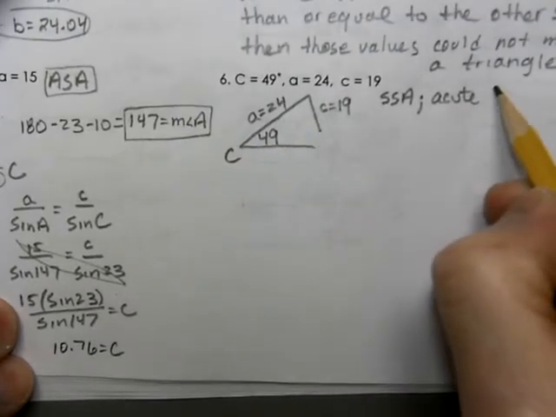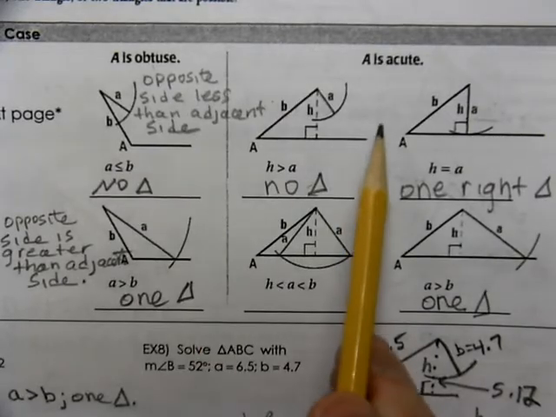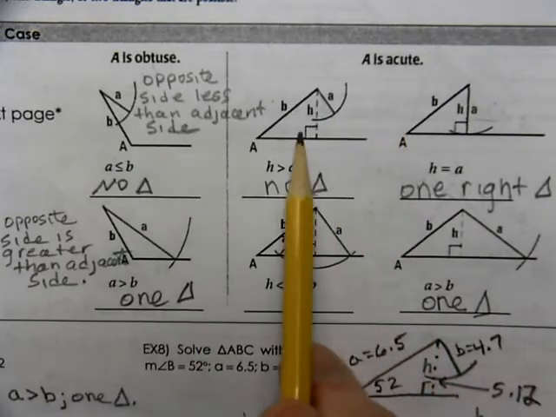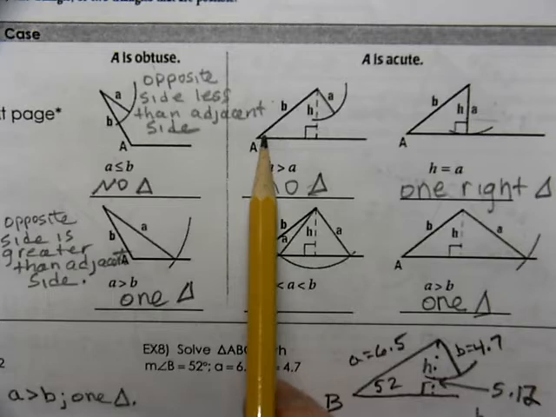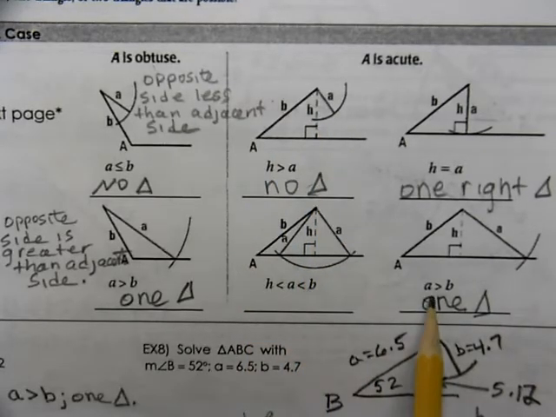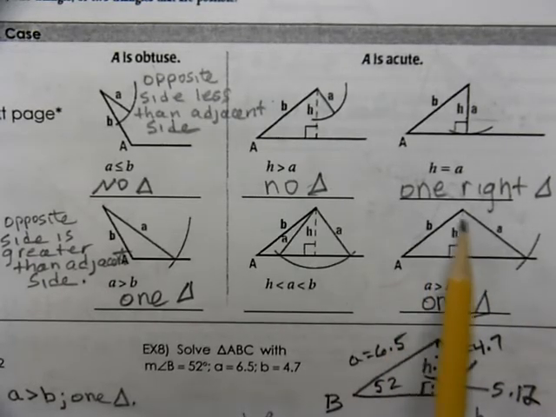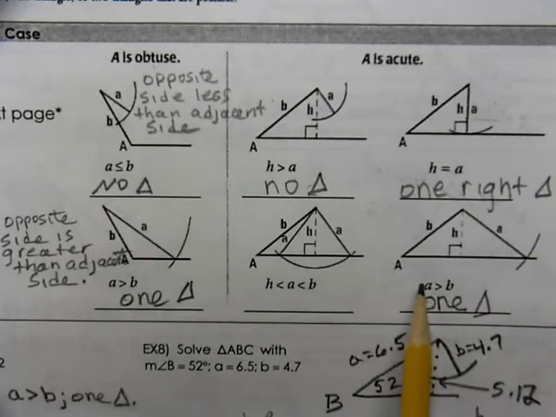An acute angle they're giving us. So if we look at our notes, we're going to look under the category of acute, and we notice that the opposite side is definitely smaller than the other side, so we don't have it longer than it.